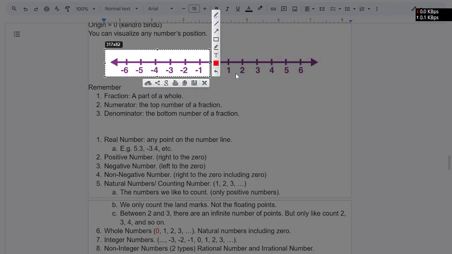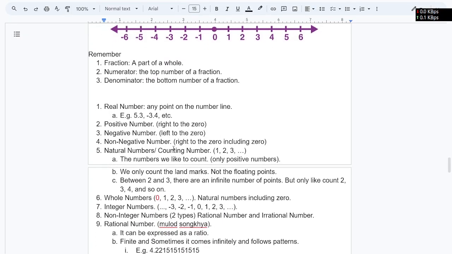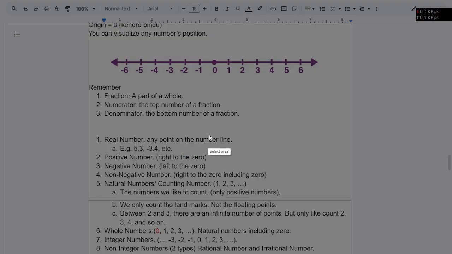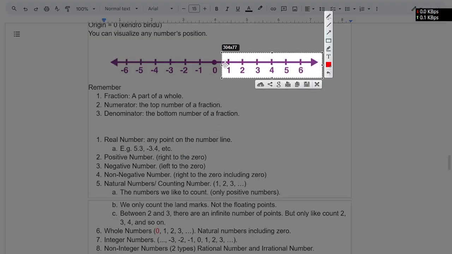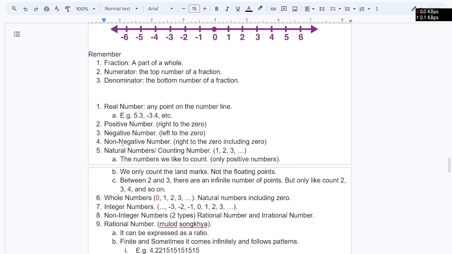Non-negative numbers: all of the numbers on the right side of 0 are positive, but what about 0? Is 0 a negative number? No, it is not. So all the positive numbers including 0 are the non-negative numbers.